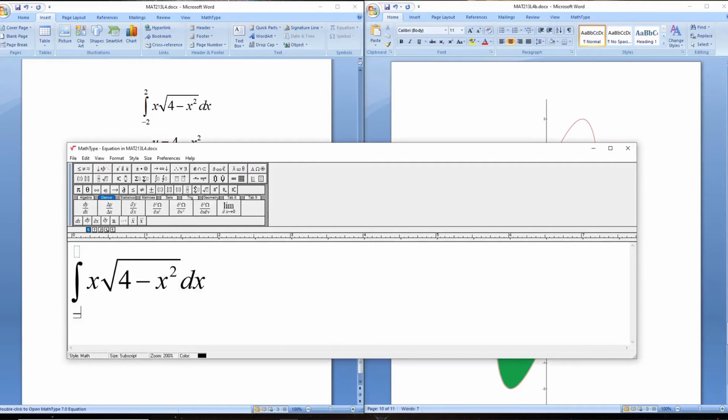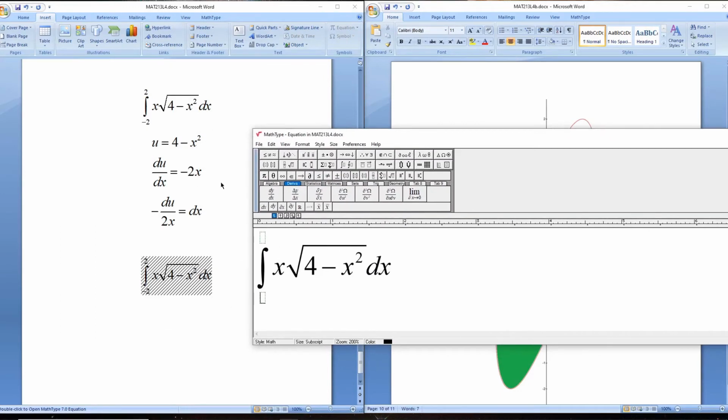And I'm going to actually erase the integration limits this time so I don't forget that. And so our 4 minus x squared is what we're calling u. And then dx is now a minus du over 2x.